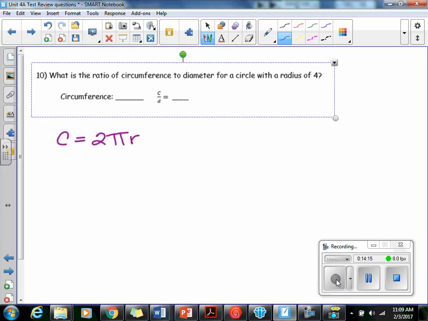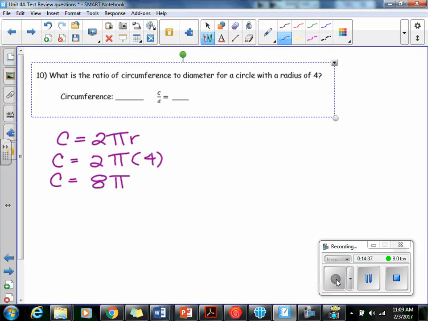Now in this problem, what did they say the radius is? 4. So circumference is equal to 2 times pi times 4. So this circumference would be 8 pi. I'm gonna leave it right there, because it just makes it easier to operate when I don't have a bunch of decimals. So 8 pi is my circumference.